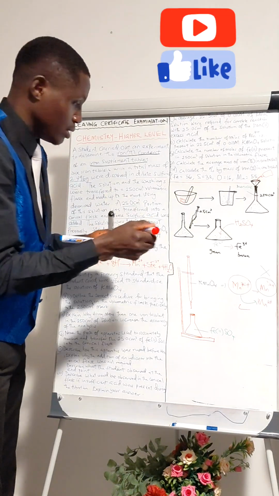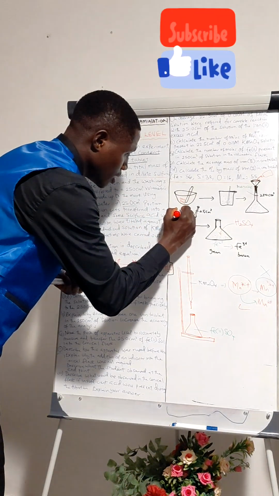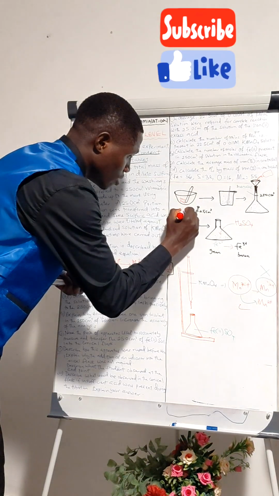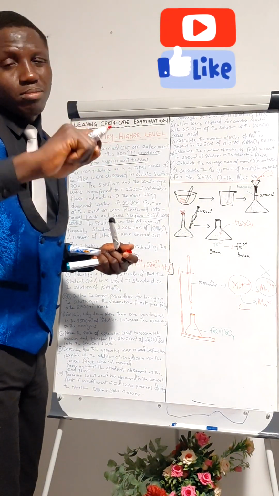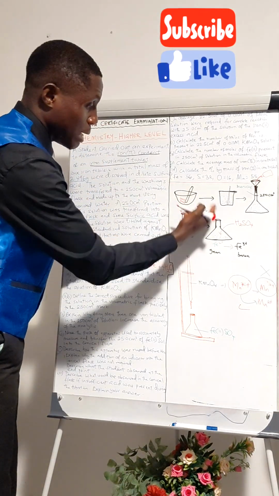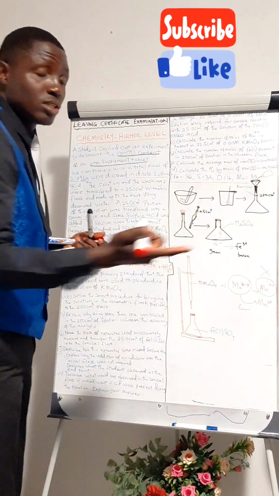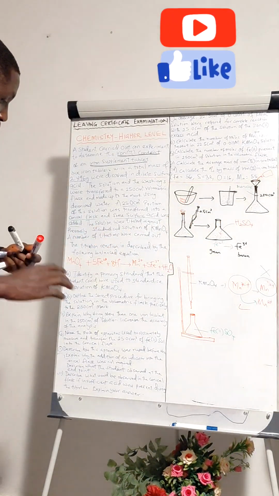Put the cork on, there must always be a cork, and then invert the solution several times, maybe up to 6 times, to get it evenly distributed before you pipette anything for titration. So that's how to outline the procedure.